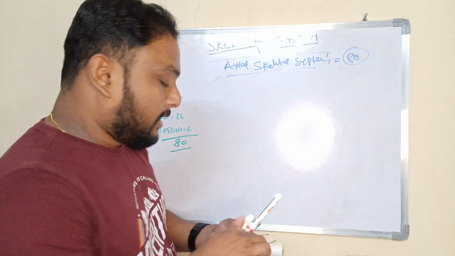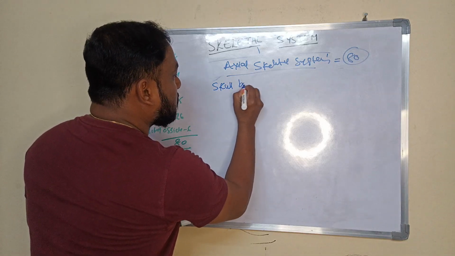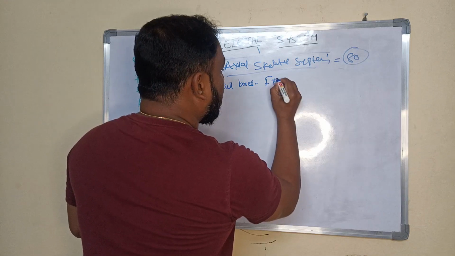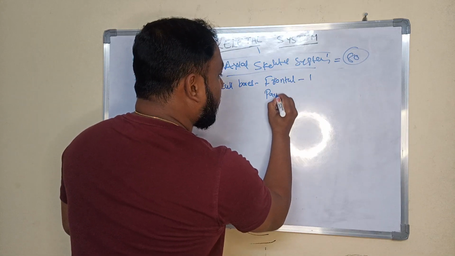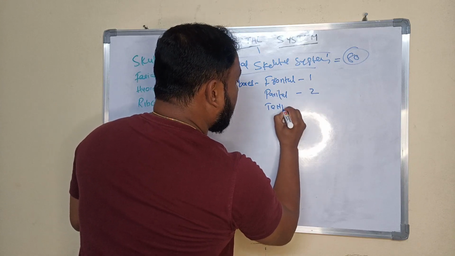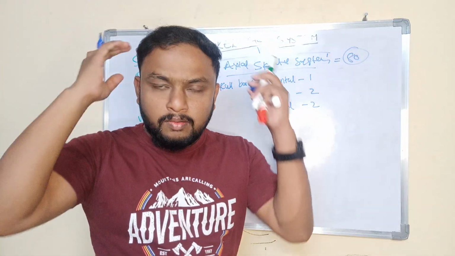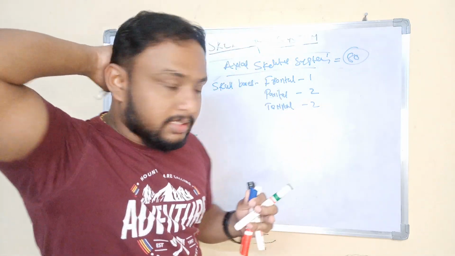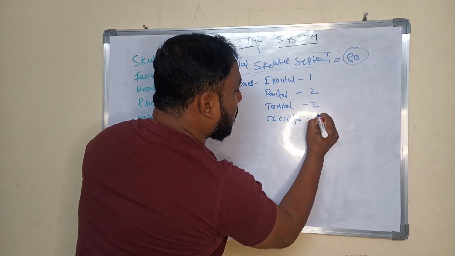Skull bones again. Frontal bone, 1; parietal, 2; temporal, 2; and on the backside, occipital, 1.